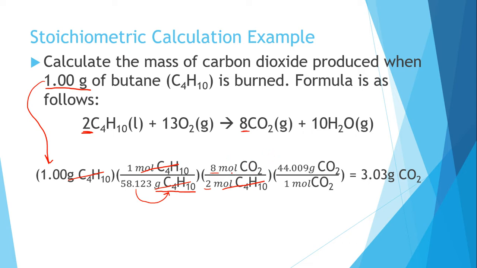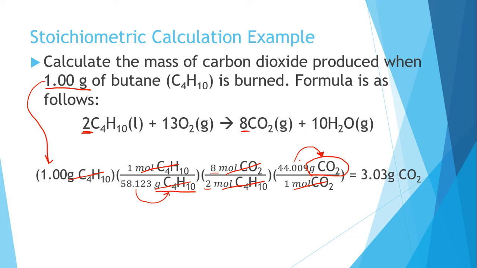Now that I have it in the moles of my wanted, we have to convert moles of my wanted to mass of my wanted. So I'm going to use molar mass. Notice moles of carbon dioxide need to go on the bottom in order to cancel them, and that leaves me with grams of CO2. Note, the molar mass that I calculated is the molar mass of CO2.